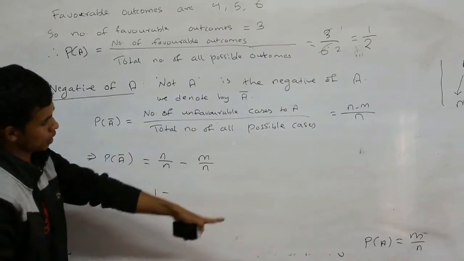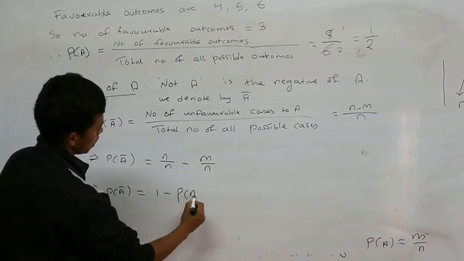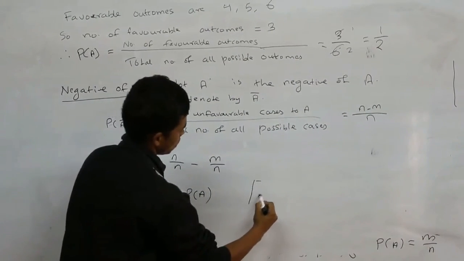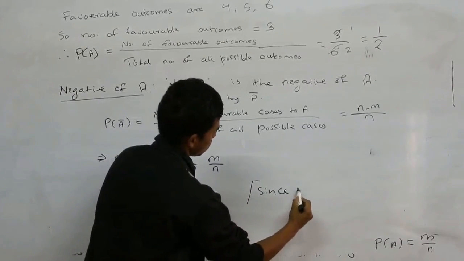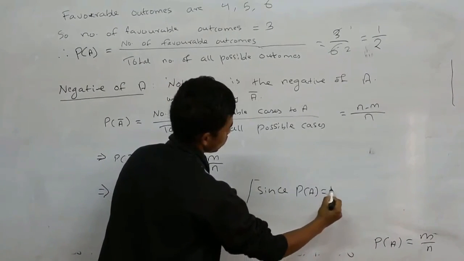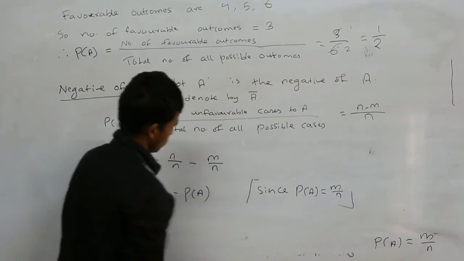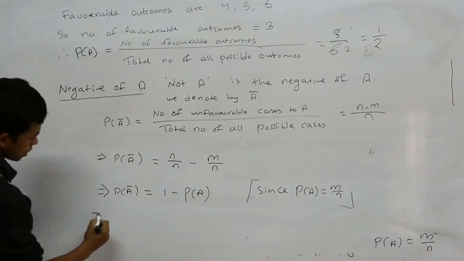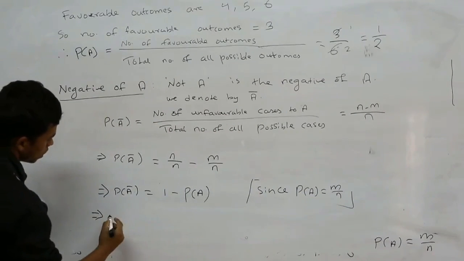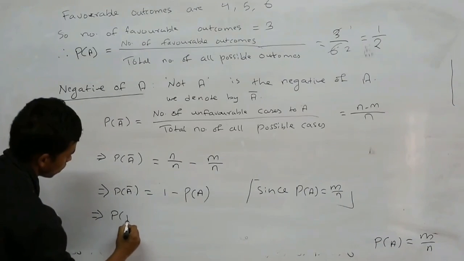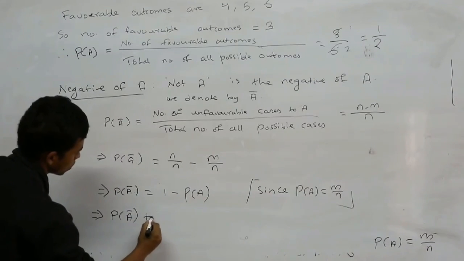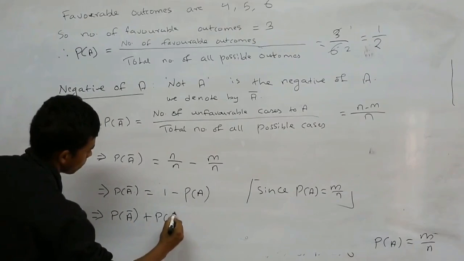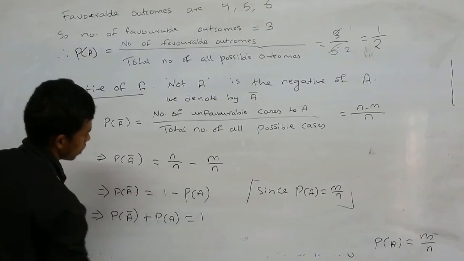I can use that since P(A) is equal to m by n. In this case, I can take this to the left-hand side. It will become P(A bar) plus P(A) is equal to 1.